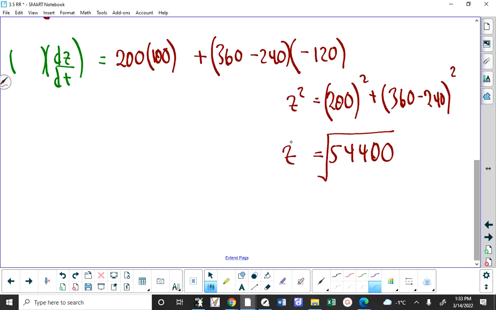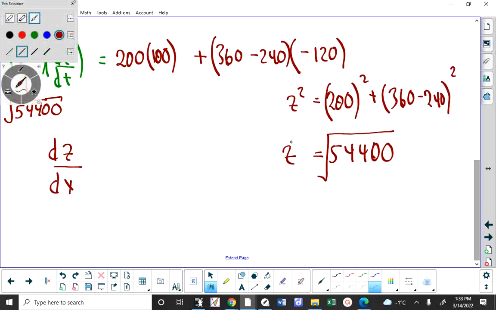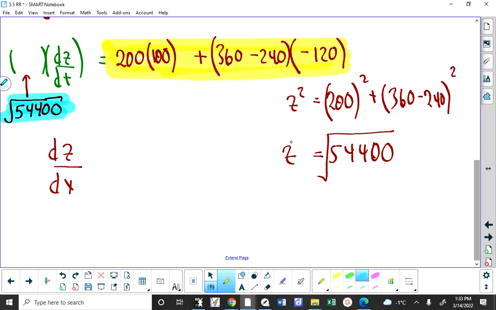Well, we can put that up there. I didn't leave myself enough room, so I'm just going to do this. Bottom line, everybody, is dz/dt is going to be equal to this divided by that.